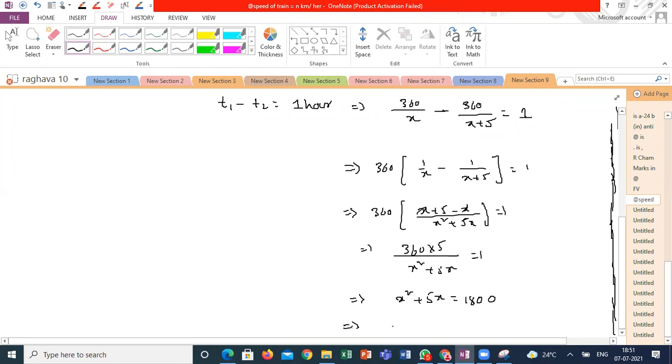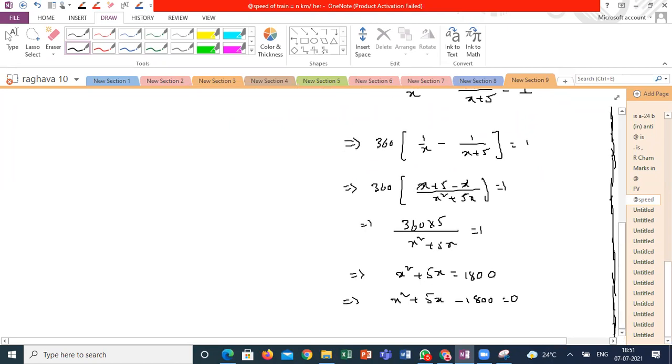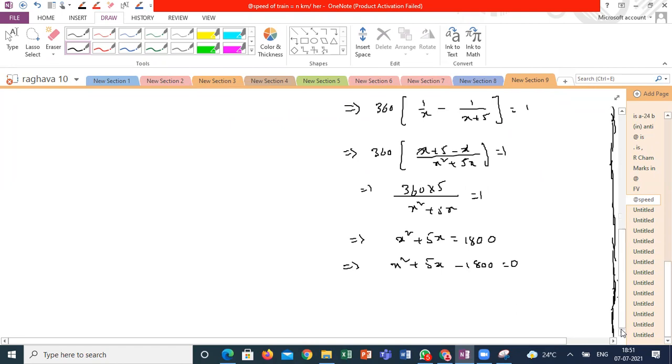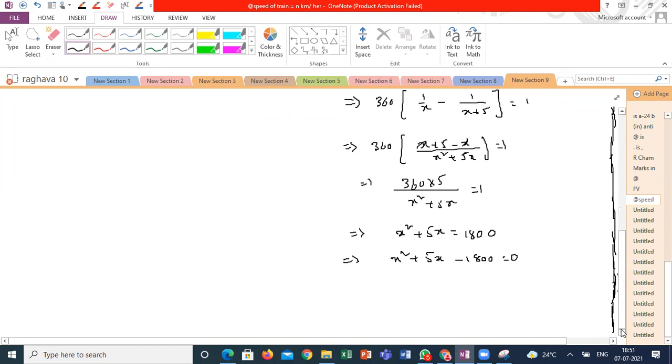We got x square plus 5x minus 1800 is 0. Is it the same equation you got, everyone? Yes, sir. So I'm unable to split it. I'm going for the formula method.